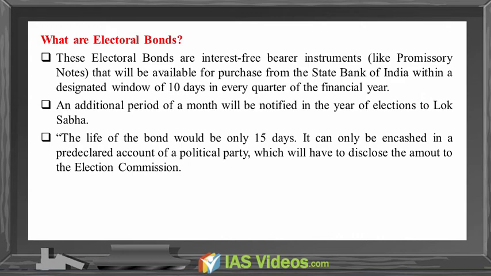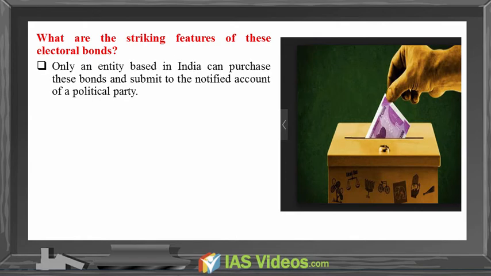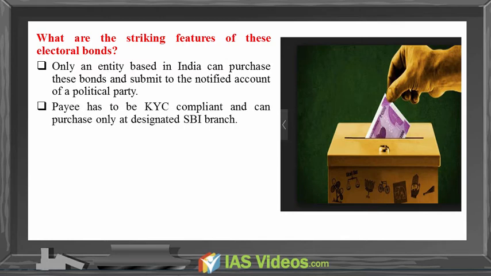to the Election Commission. What are the striking features of these electoral bonds? Only an entity based in India can purchase these bonds and submit to the notified account of a political party. The payee has to be KYC compliant and can purchase only at a designated SBI branch.